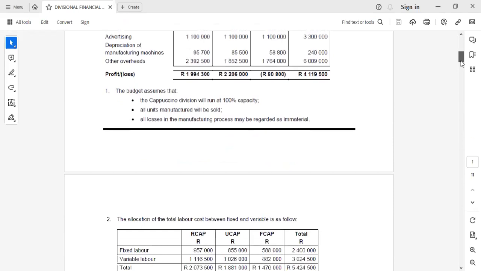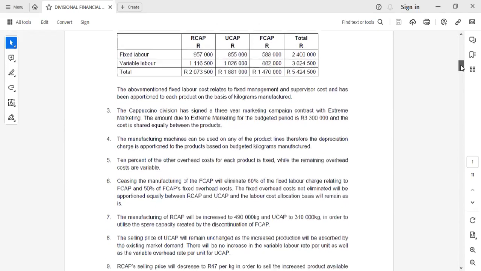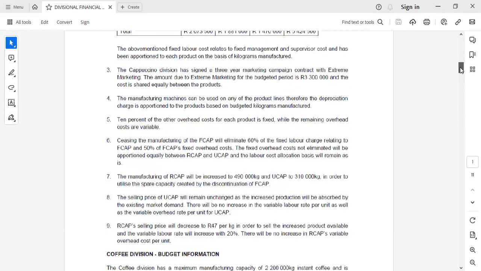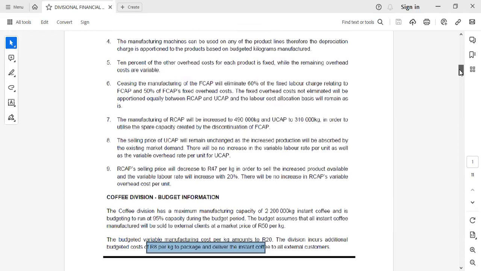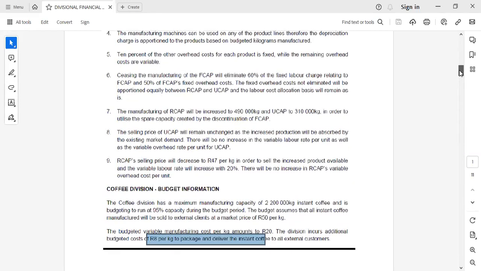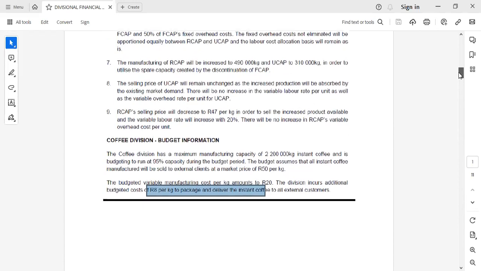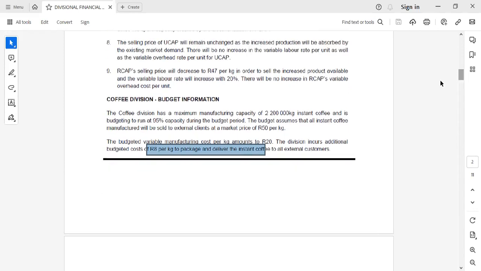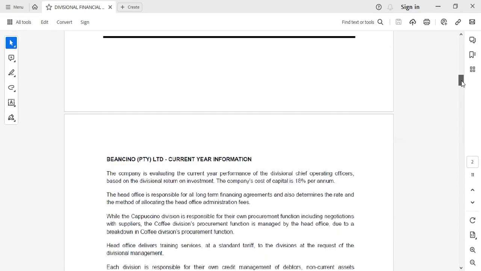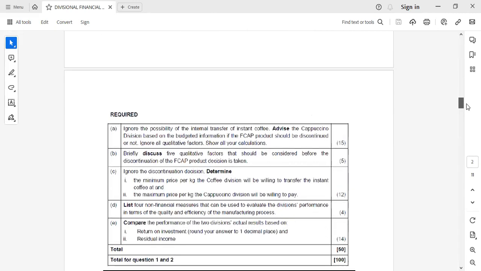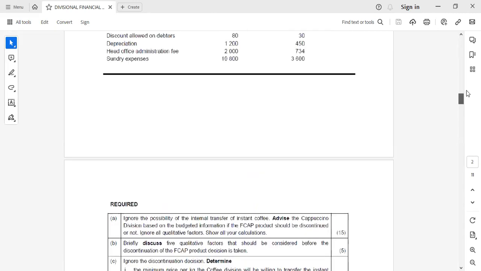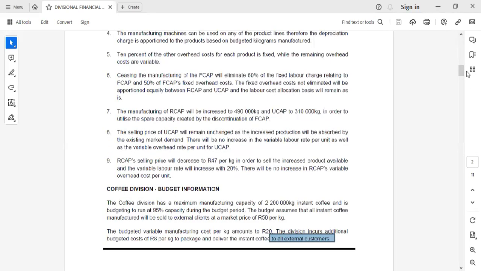I don't see any statement there. Considering that they said this is to all external customers, we can just assume that there will be no packaging if they sell internally, so we'll not include it, because the costs we include are those you incur if you are selling internally.